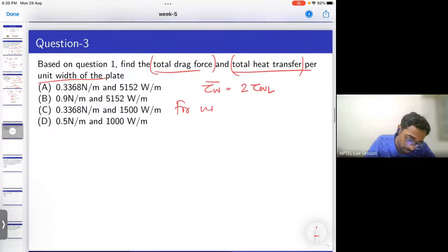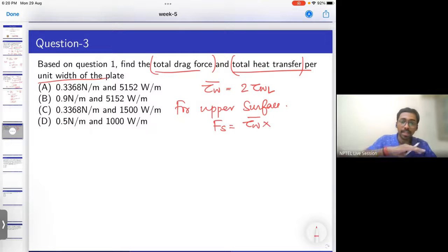So for the upper surface, we know that the shear force Fs is equal to average shear stress into the area.